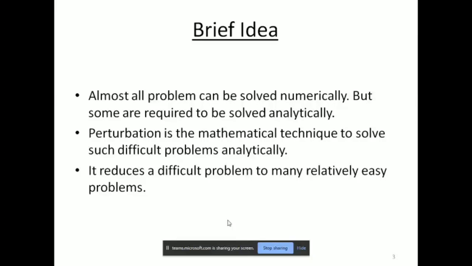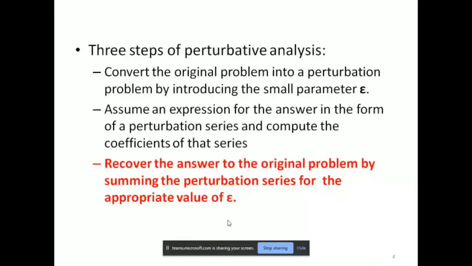It works on the principle that it breaks a very difficult problem into relatively simpler problems and handles a simple problem. After manipulations, we then retrieve the hard problem and get the answers analytically. So there are three steps of perturbative analysis. One, we convert the original problem into a perturbative problem by introducing a small parameter epsilon.